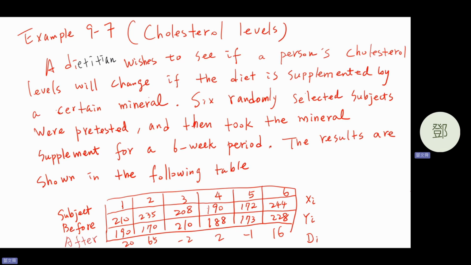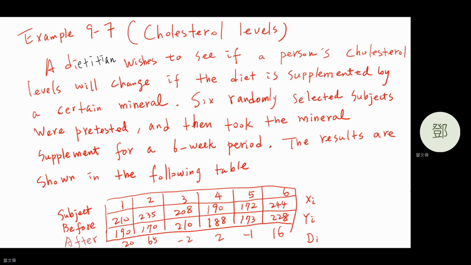Six randomly selected subjects were pretested, and then took the pretest. The pretested cholesterol level before the diet program. And then took the supplement for a 6-week period.